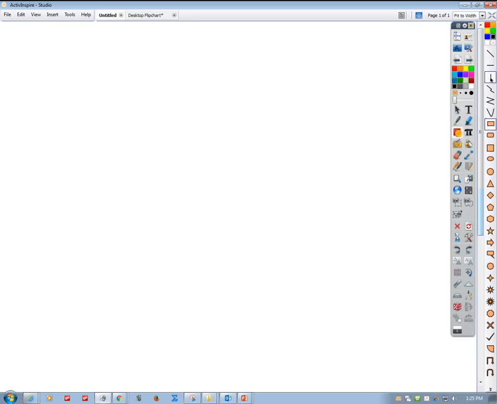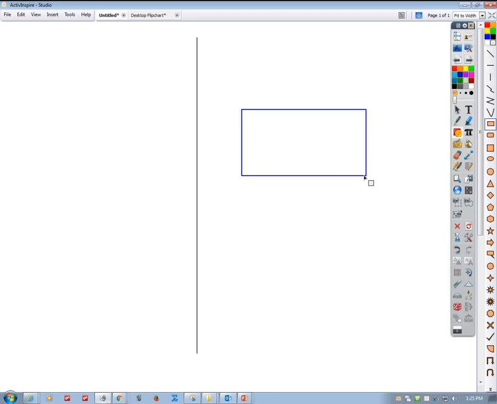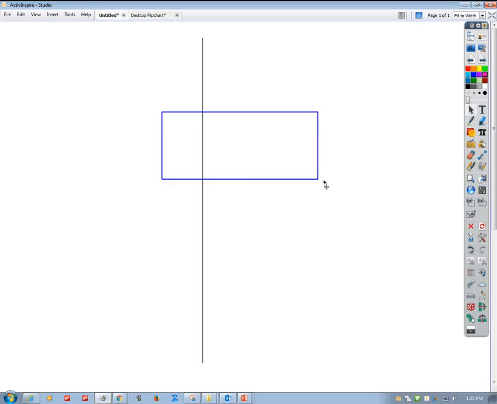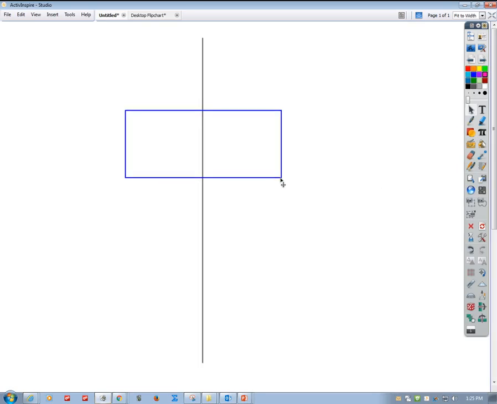Let's make it a vertical one. Okay, what if I reflect this figure over that line of symmetry? Oh, we're good, same. It's the same.